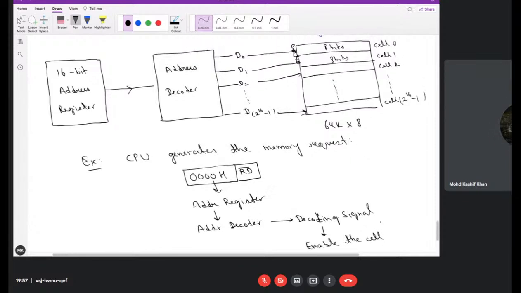So I hope now it will be clear to all of you how any address will enable any cell of the memory. It will be done using the address decoder. Okay, so just draw this diagram. I hope this diagram will explain clearly how the CPU generates the address of any memory and how the address decoder will activate that cell. And when the cell is enabled, then the data can be read from that memory cell.